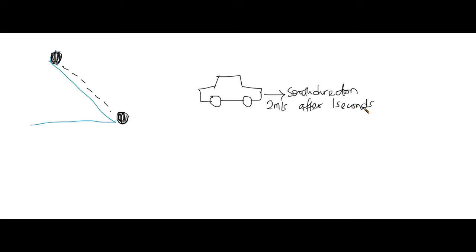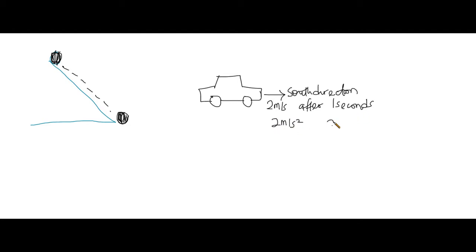Its velocity has increased by 2 meters per second in 1 second, so we can say that the acceleration of this car is 2 meters per second per 1 second, which is also the same thing as 2 meters per second squared.